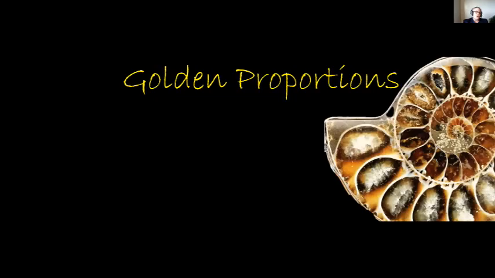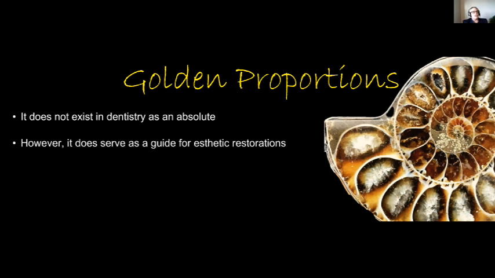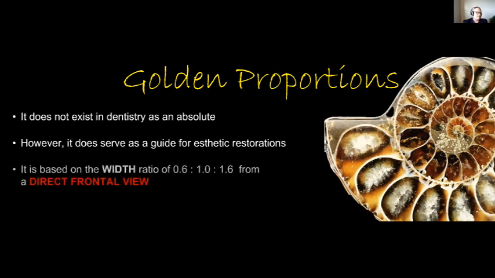And one of the things we know about golden proportions is that it doesn't exist as an absolute in dentistry, because we've seen some beautiful smiles that are not exactly in golden proportions. But what it does for us is it certainly serves as a scaffolding for our smile designs, right? It's a starting point.